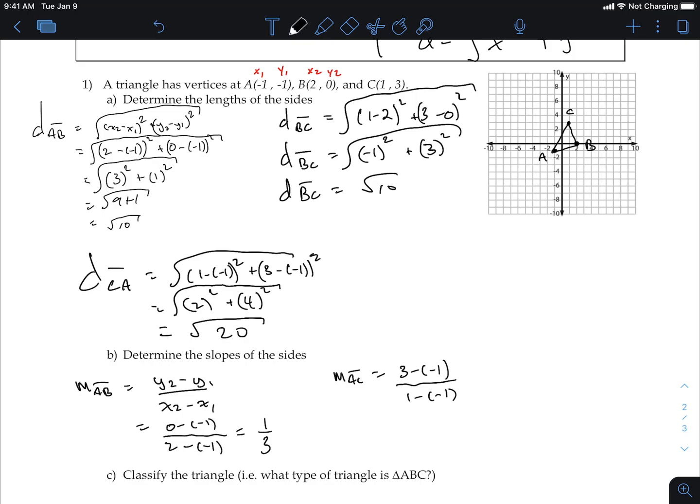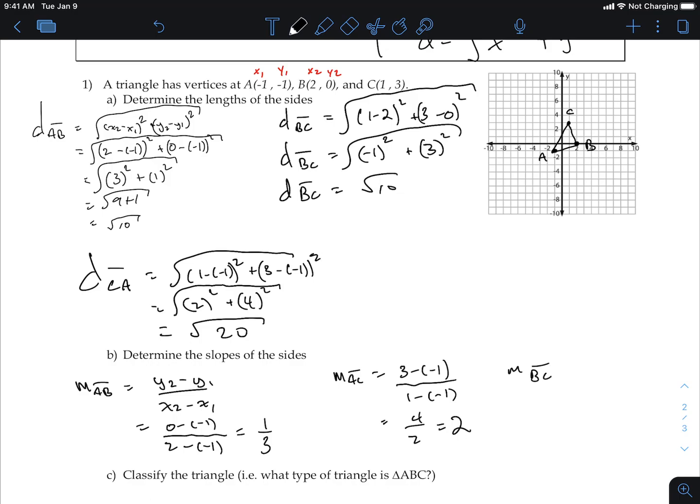Am I losing anybody with this? We all kind of understand what we're doing. It's a grade 9 topic. All you're doing is picking the points from the points up top. You're just finding the slope between them. So 3 minus negative 1 is going to be 4 over 2, which is going to equal 2. Let's do the next one. What's the last one we need?